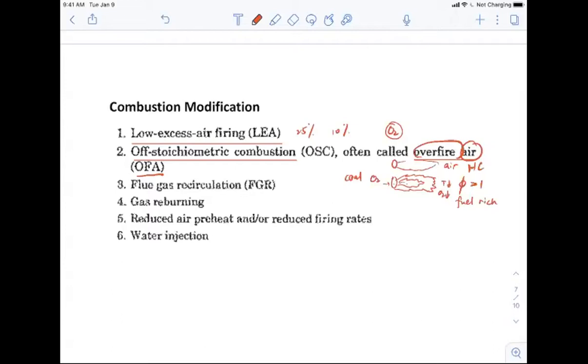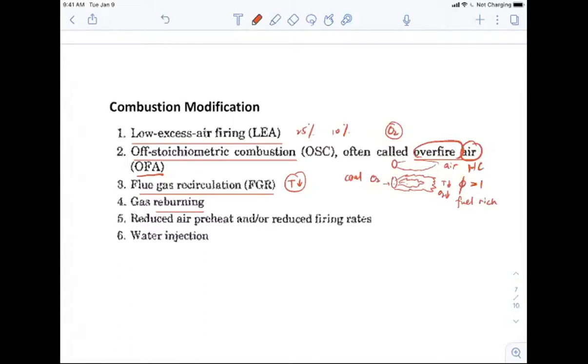Okay. So there are also other strategies. You could have flue gas recirculation. What this means is that you just recirculate the already burned flue gas, right? In this way, you can reduce the overall temperature in the combustor. You can have gas reburning. You can basically bring the flue gas into the combustor, right, to run it again.